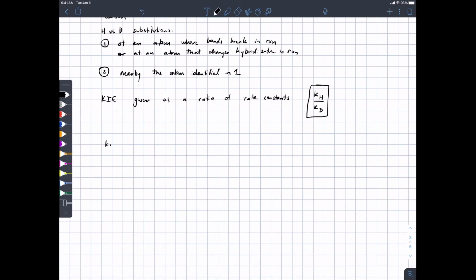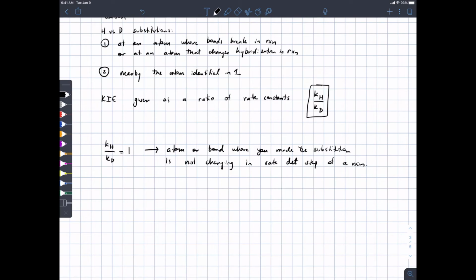Well, if it makes no difference at all whether you've got hydrogen or deuterium at a given position, then the atom or bond where you made the substitution is not changing in the rate determining step of a reaction.